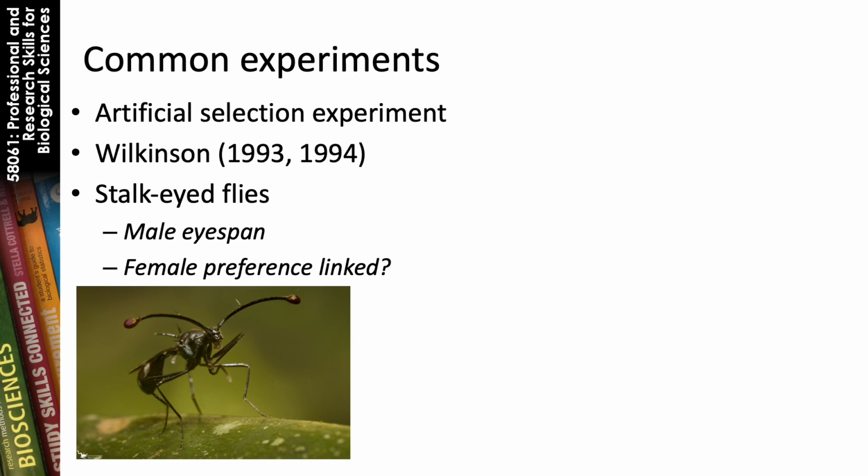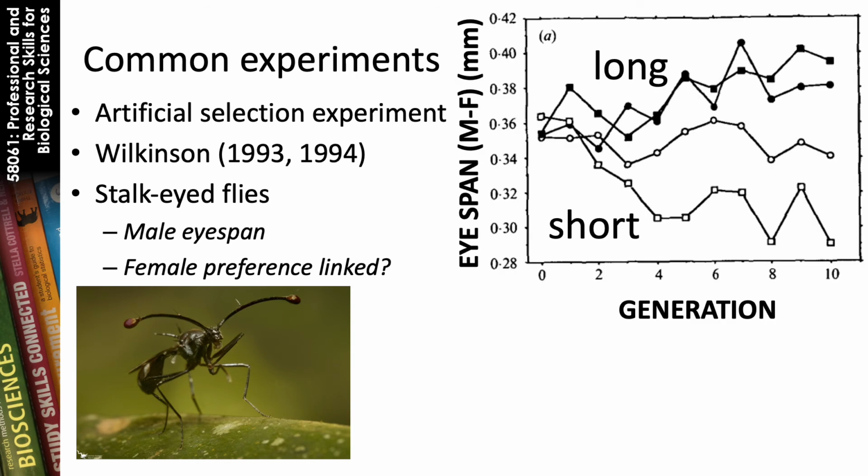And so what Wilkinson did was to create two lineages of flies with different lengths of eye span, where in one lineage they selected to breed males with really long eye spans, and basically all they did was the only flies they allowed to breed were the males with massive eye spans.